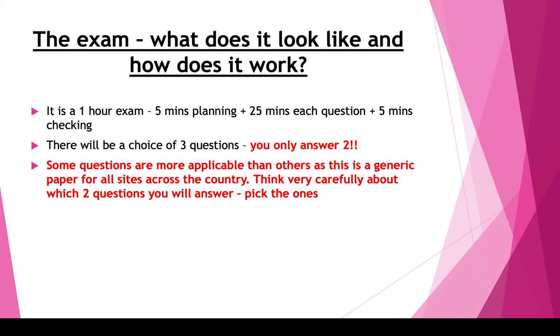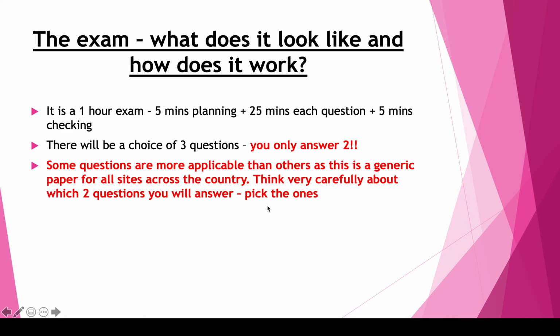Now, when you are considering which 2 of the 3 questions that you will answer, think very carefully about them. You must remember that this exam paper has been sent out to every school who is doing the same exam board, OCR B, as us. However, not every student across the country will have studied Himley Hall. They will have studied a site that is specific to their local area.